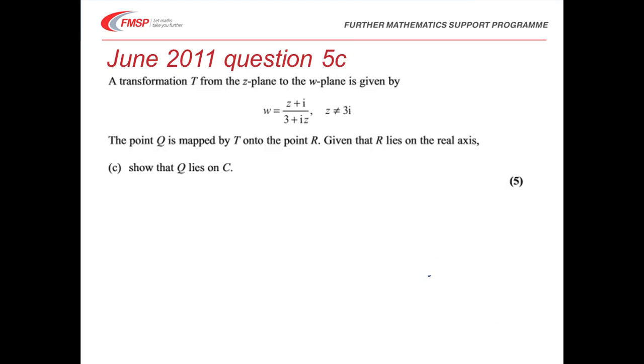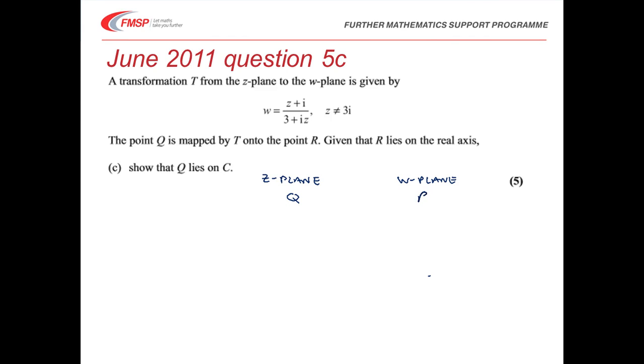In this part of the question, it's worth taking a second or two just to check that we can see what's going on here. So we have a point on the Z-plane, which is called Q, and that's going to be mapped to a point on the W-plane.